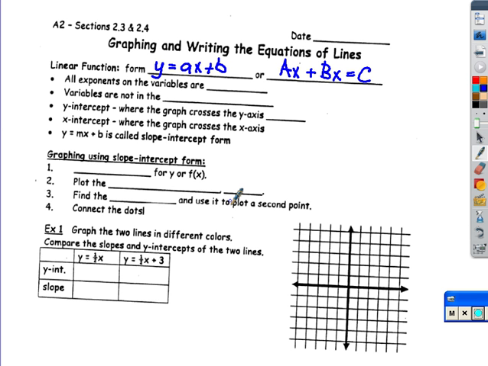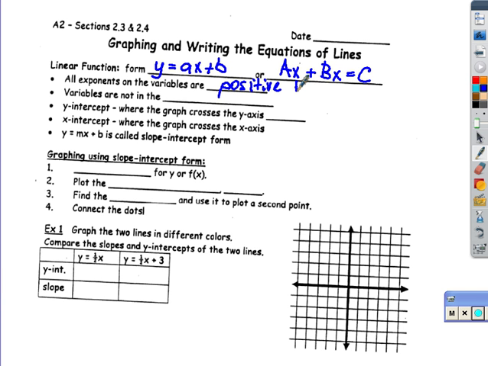A linear function has two forms. It's either written as y = ax + b, or ax + by = c. There are several conditions. All exponents on the variables are positive 1, so no x to the second power or x to the minus first.